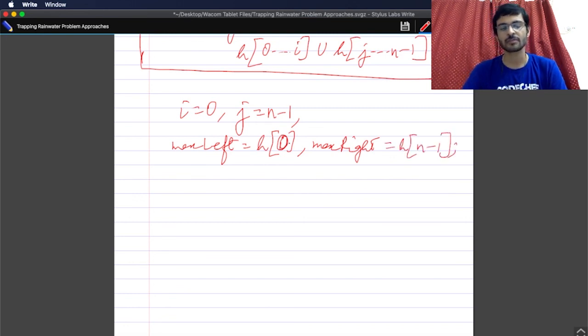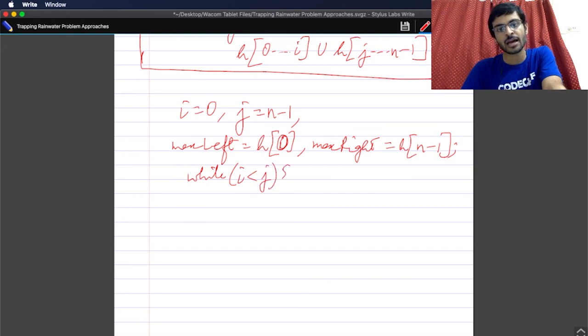Okay, so while i is less than j, why am I doing i less than j? Because the last one doesn't matter, that is the largest, so I'm keeping it. You can place i less than equal to j also.